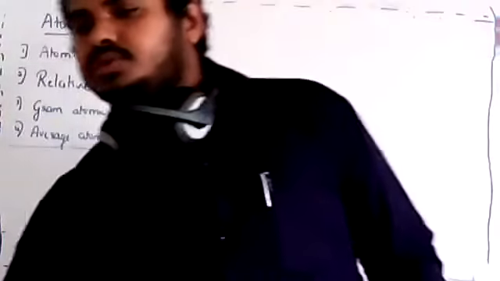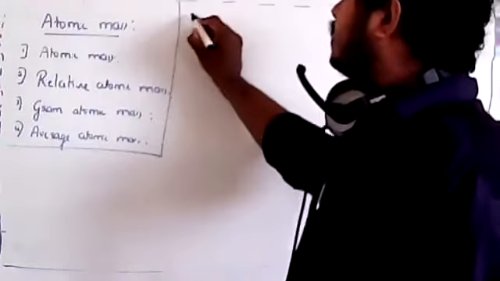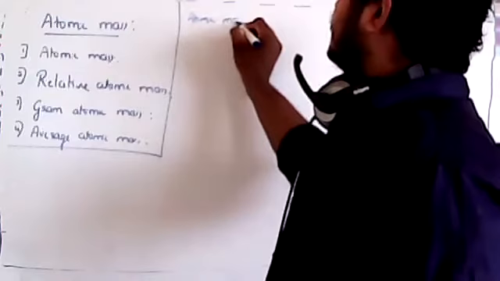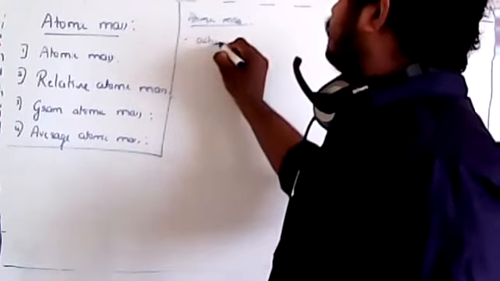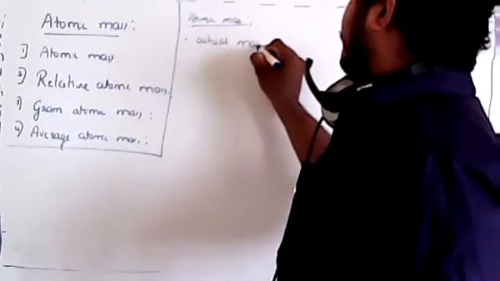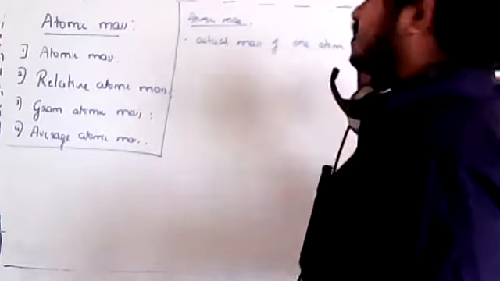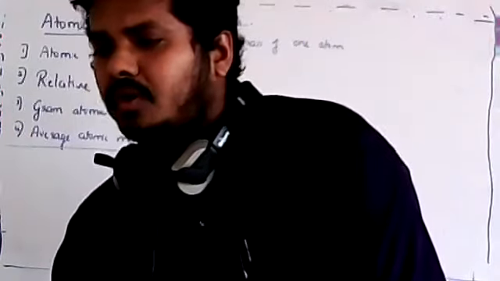So here we understood that by an indirect method, the scientists found the actual mass of one atom of hydrogen. Yesterday this was discussed with you, so I'm not going into all the detailed explanation.